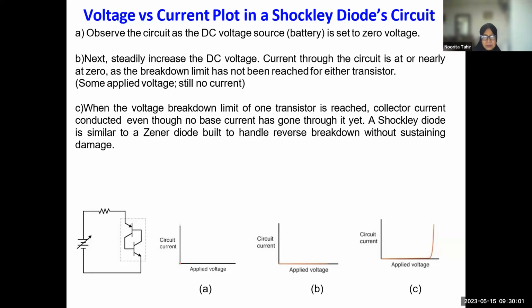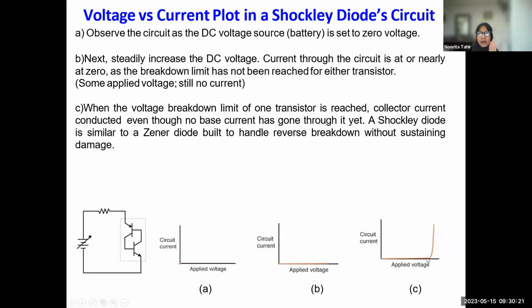In diagram C, when the voltage breakdown limit of one transistor is reached, it will begin to conduct collector current. Remember your normal transistor that you learned before.